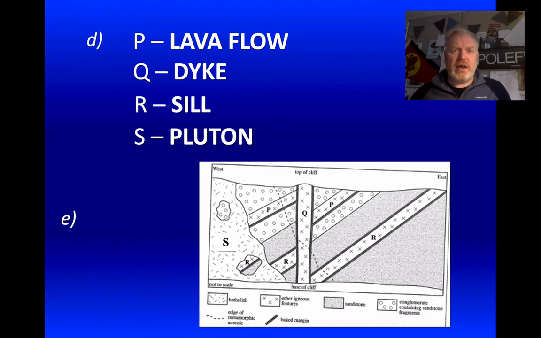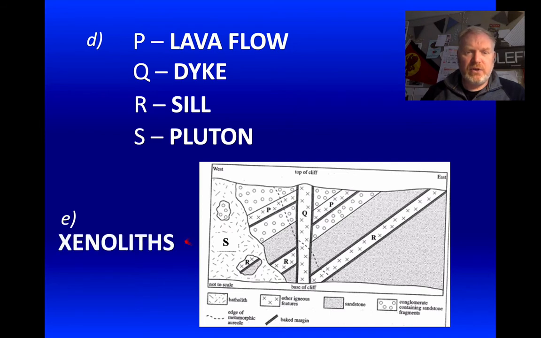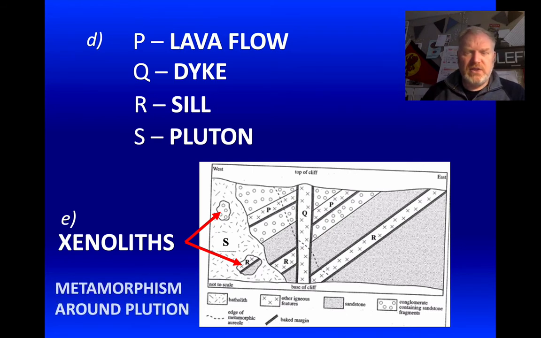Now, those of you that dug a little deeper into this, I asked you to identify any other features. We have some xenoliths here, some bits of country rock that have fallen into the igneous rock. I'd hope most of you would get that. There are some other features here though. There's a zone of metamorphism around the pluton.